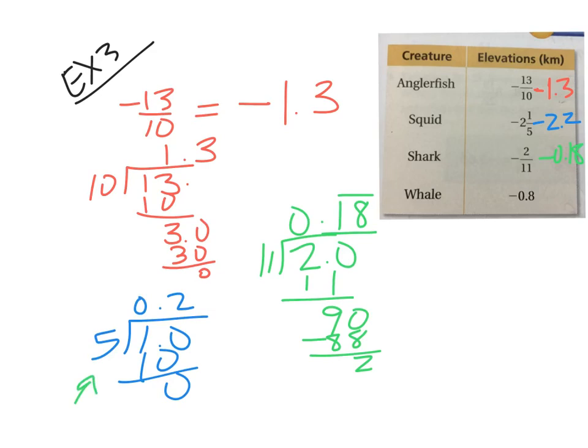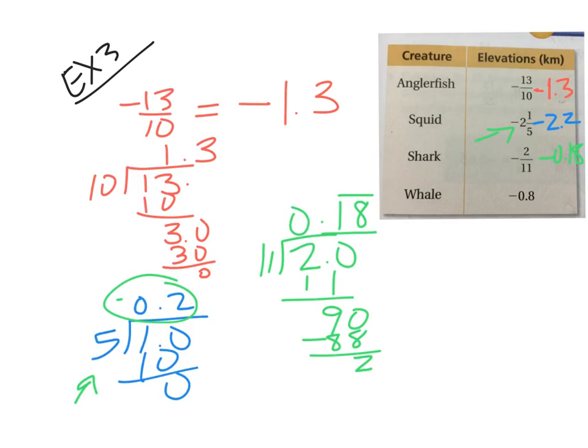So I put that after the whole number 2. So I got negative 2.2. But over here where the answer is, I put negative 2.2 because I knew the whole number was there. I just skipped the whole number step and remembered it.